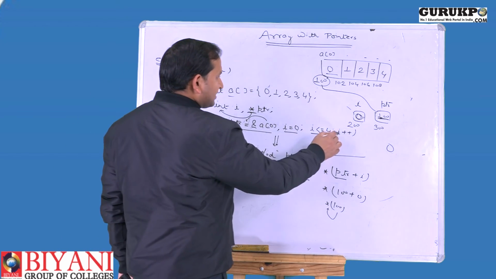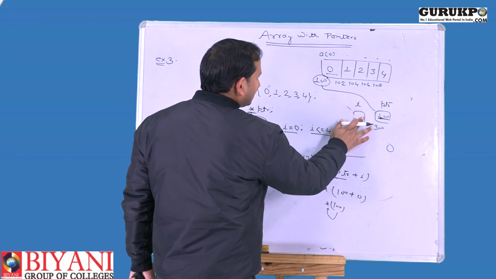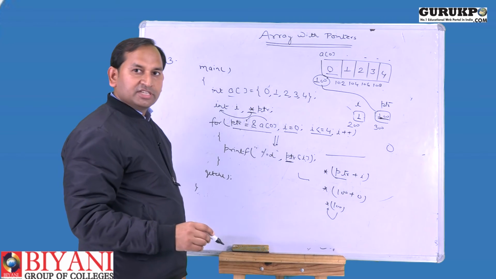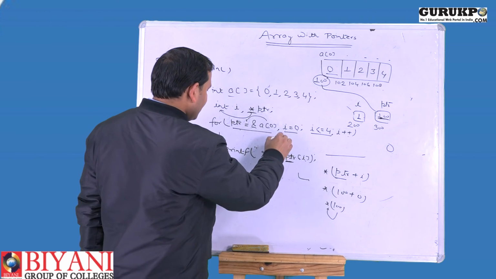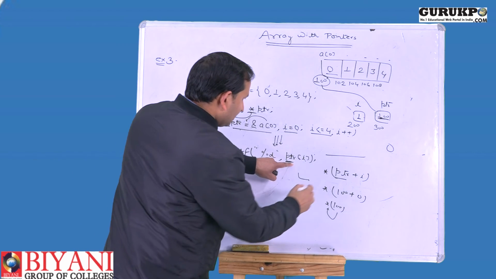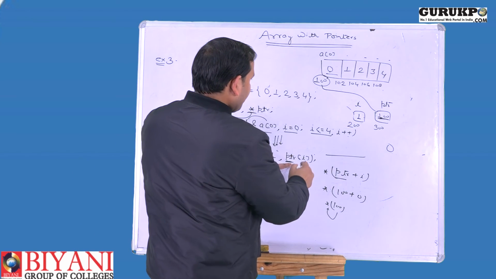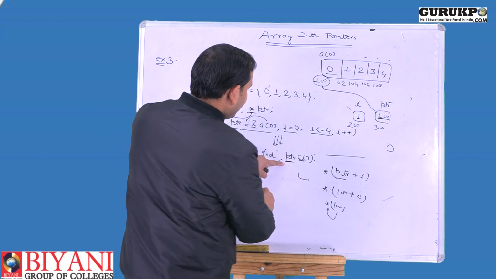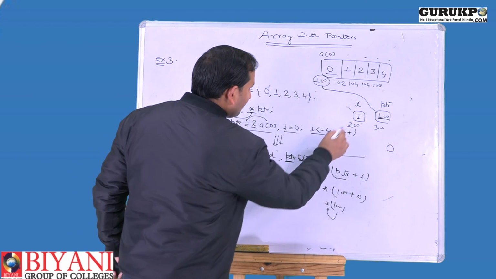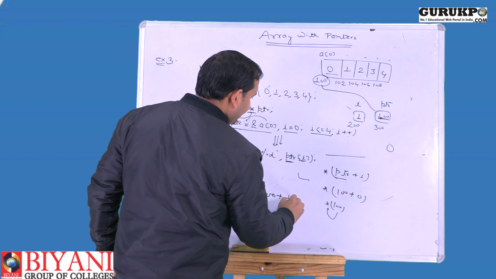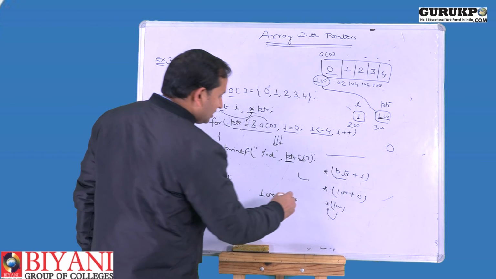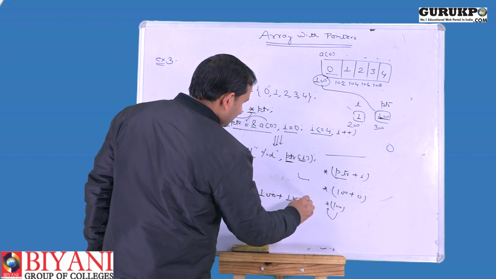Again I plus plus, now the value of I becomes 1, and 1 is less than or equal to 4, so the condition is fully satisfied. Control enters, PTR of I the second time. This time PTR is 100 plus I, the value of I is 1, into the data size of the data type, that is 2, with the asterisk.